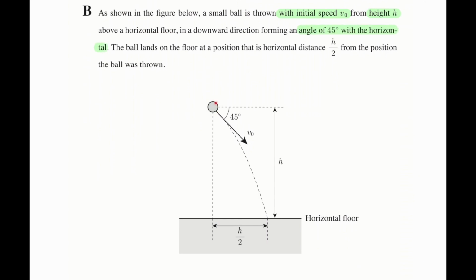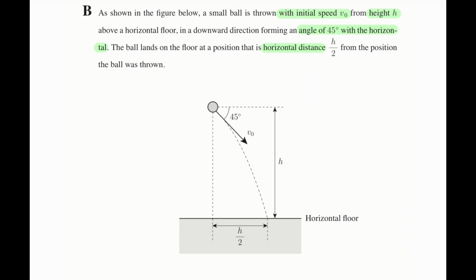So this is our ball, and we will throw this ball at an initial speed V0 from a height h and with an angle of 45 degrees to the horizontal. The ball lands on the floor at a horizontal distance h over 2.